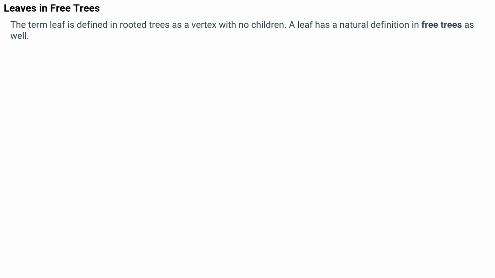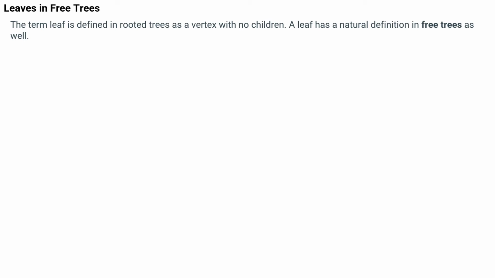Now, if we were talking about rooted trees, we already said that a leaf in a rooted tree was a vertex with no children. If we get down to a vertex that has no children, that's considered a leaf. But what about in free trees?